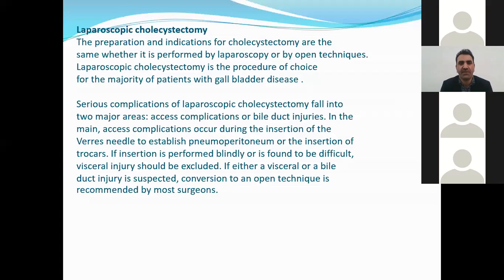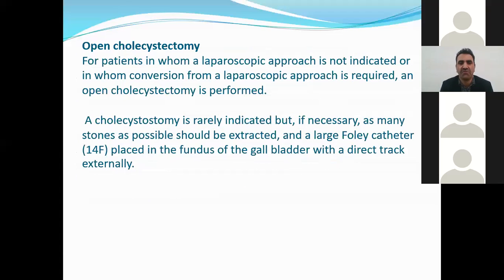There are patients in whom the laparoscopic approach is not indicated or in whom conversion from the laparoscopic approach is required. For example, a difficult operation, and the surgeon decides to convert from laparoscopic to open cholecystectomy. This open cholecystectomy is nowadays rare because laparoscopic surgery is widely used.